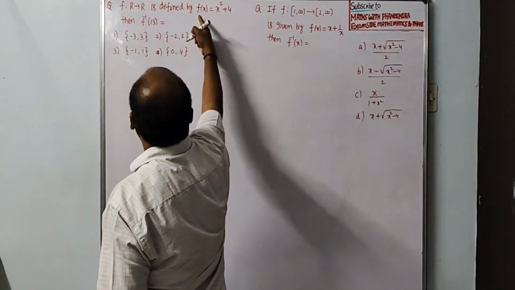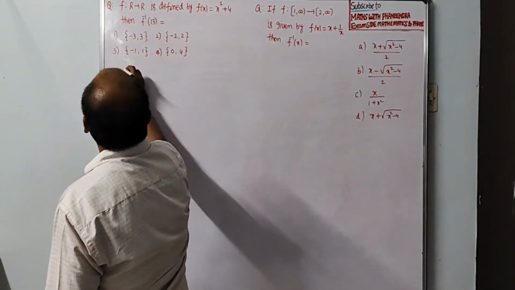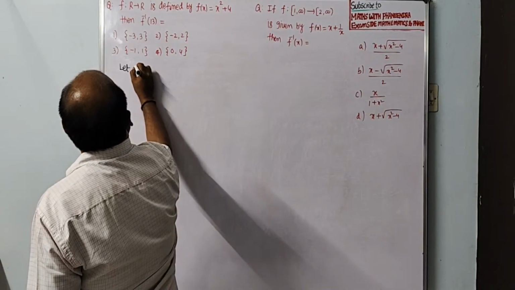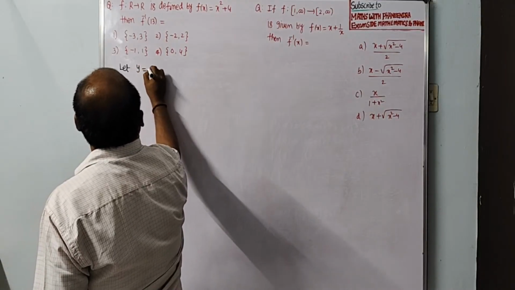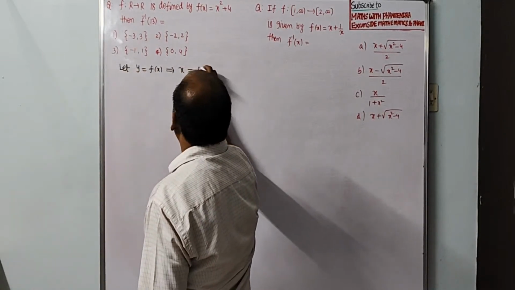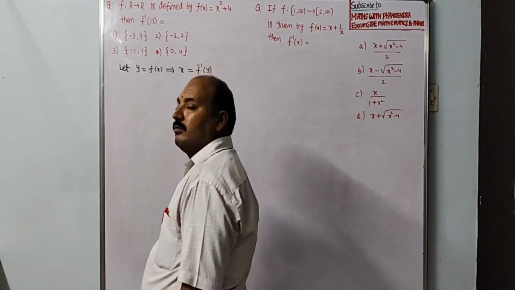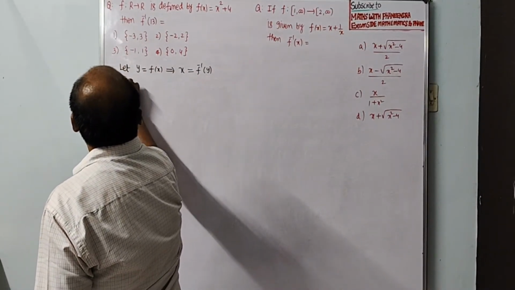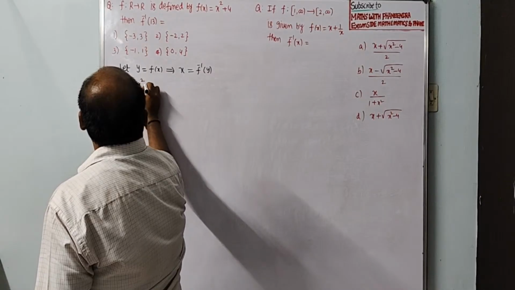First, what we have to do for this? Let y is equal to f of x. That implies x is equal to f inverse of y. Next, y equal to x square plus 4.